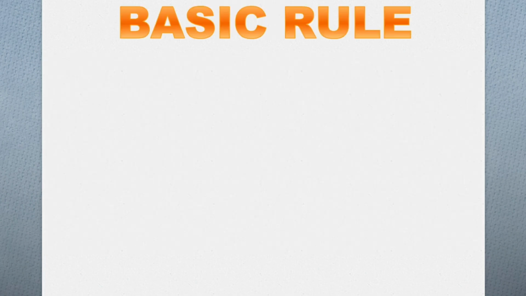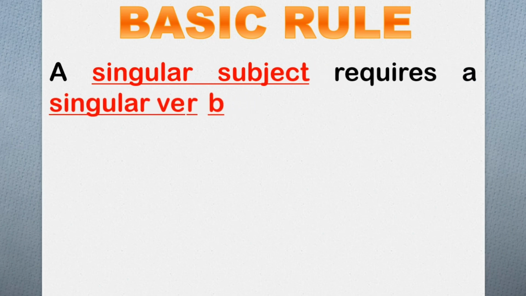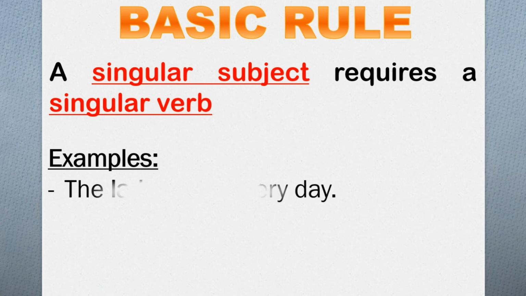Let's go back to the basic rule of subject-verb agreement. A singular subject requires a singular verb. So let me just remind you, kapag sinabi natin singular subject, walang s, es, or ies. For singular verb, may s, yung stem of the verb. So we have here examples.